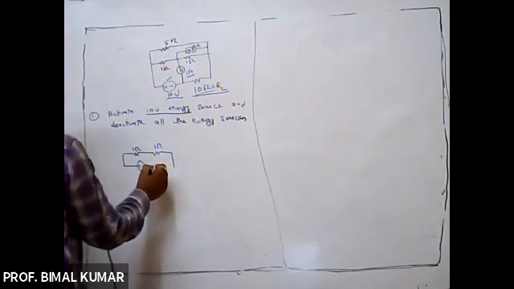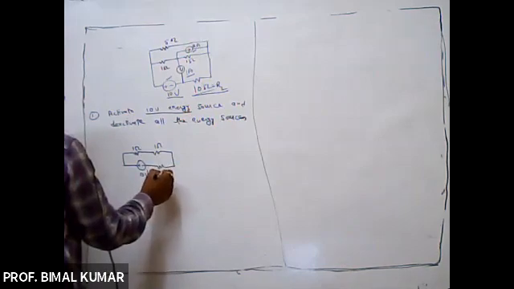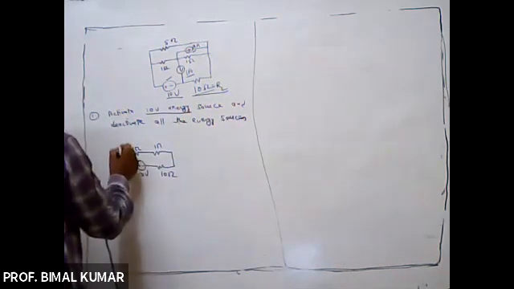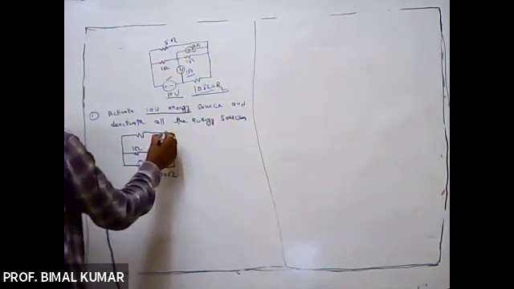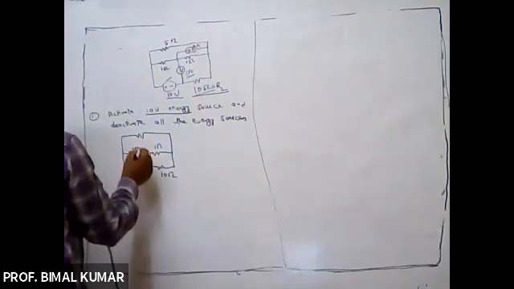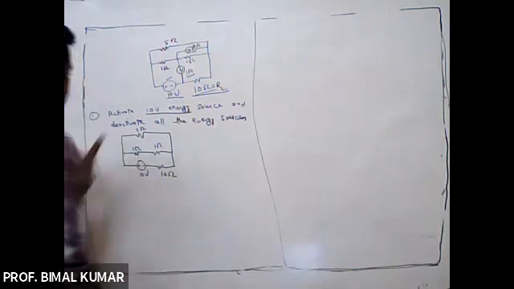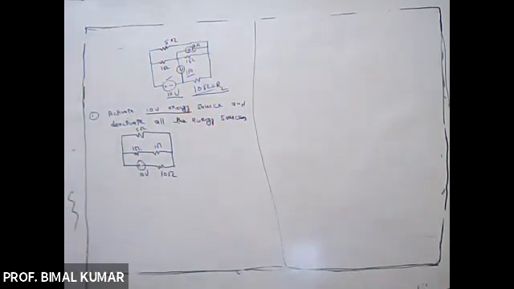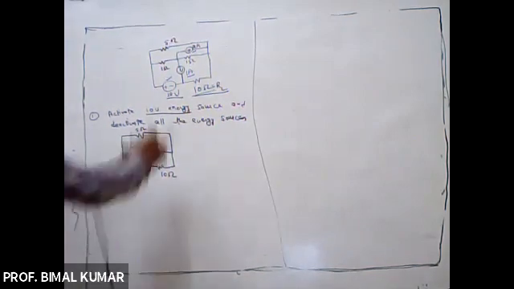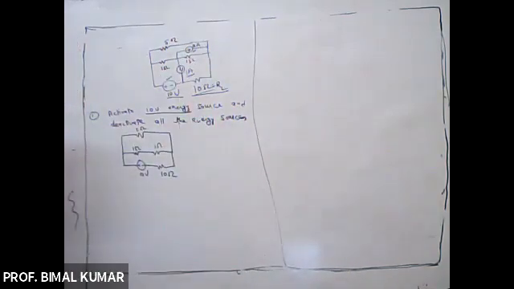Then this is your 10 ohm resistance, and then your 5 ohm resistance. This is the circuit after deactivating the 1 ampere and 2 ampere current sources.